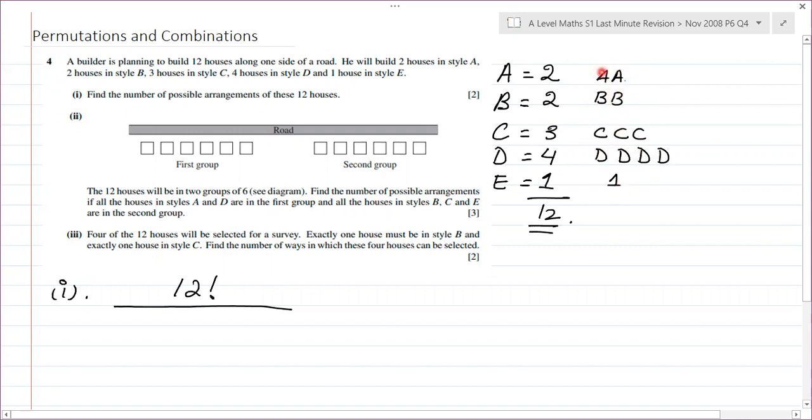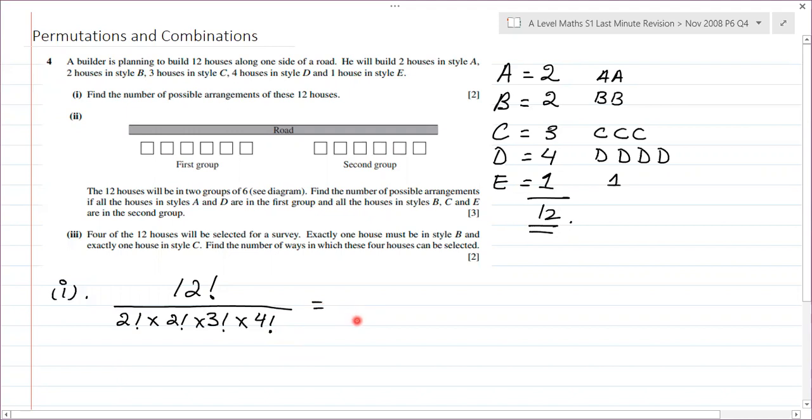They are the same type of house, so they are identical. So we have 2 factorial for the two A's, 2 factorial for the two B's, 3 factorial for the three C's, and 4 factorial for the four D's.